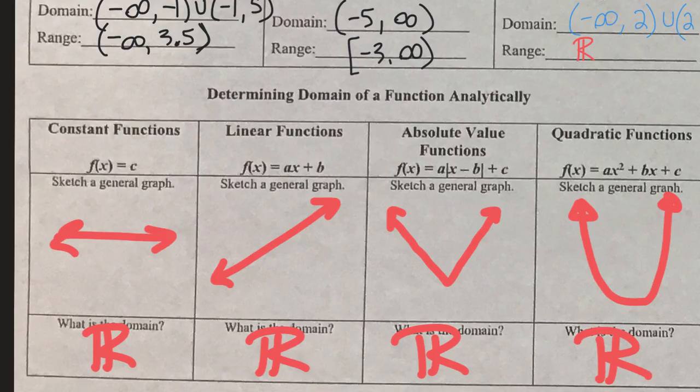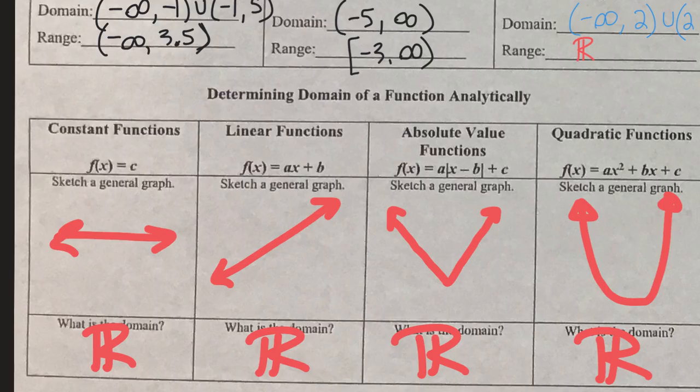There are no numbers that you need to exclude. So every constant function, every linear function, every absolute value function, every quadratic function has all real domain values. There's nothing that you have to exclude from these functions.